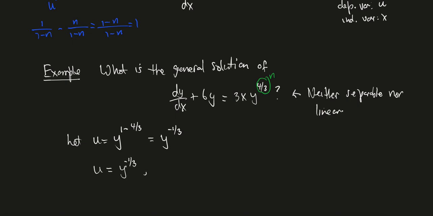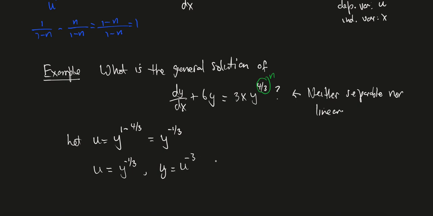Now I can solve this for y quite easily by taking each side and raising it to the power -3, the reciprocal of this. So y is equal to u to the -3.